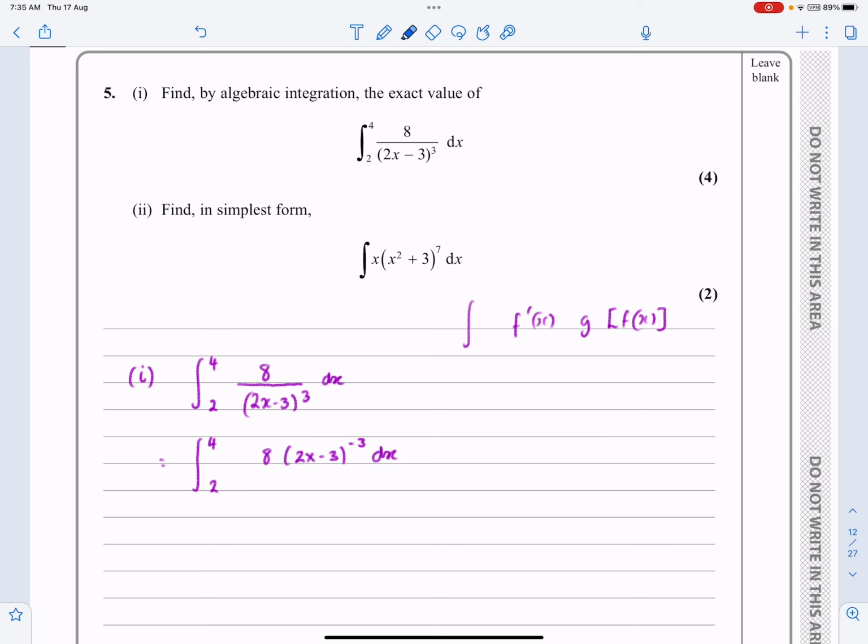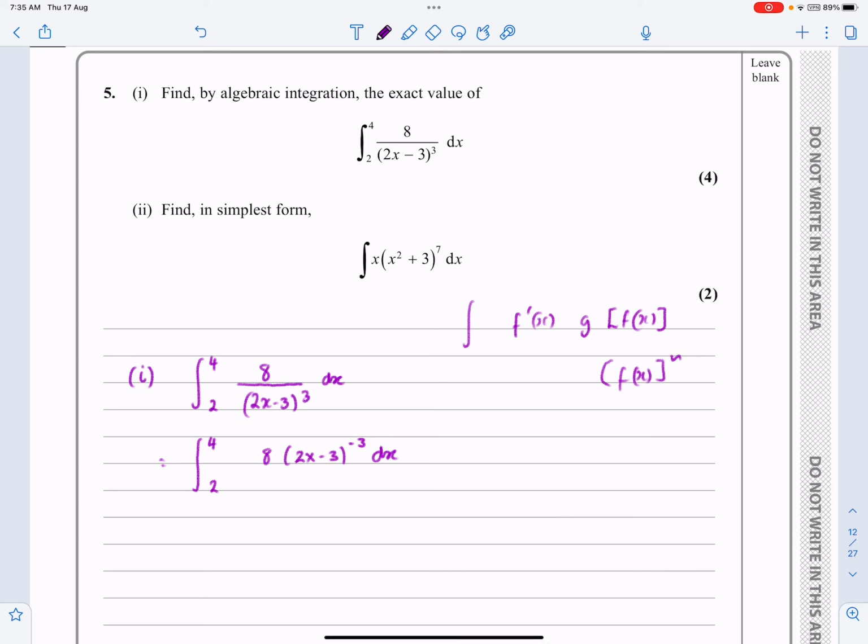And what I've got here is I haven't just got f'(x), I've got some function of f(x). It's normally actually f(x) to the power of something, which is what we've got here.